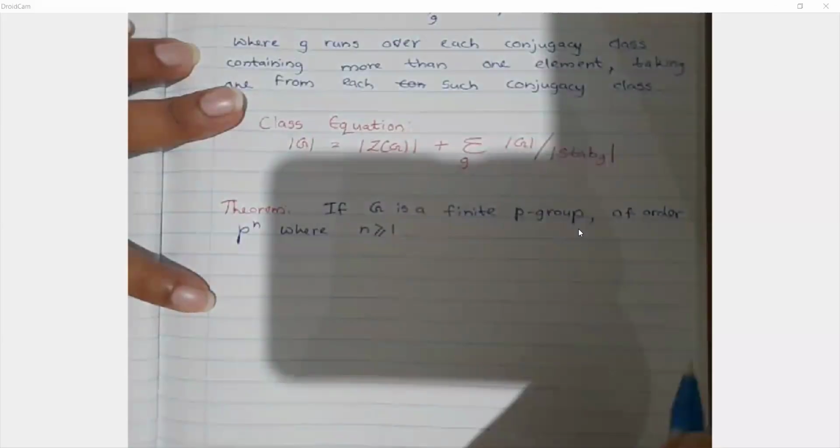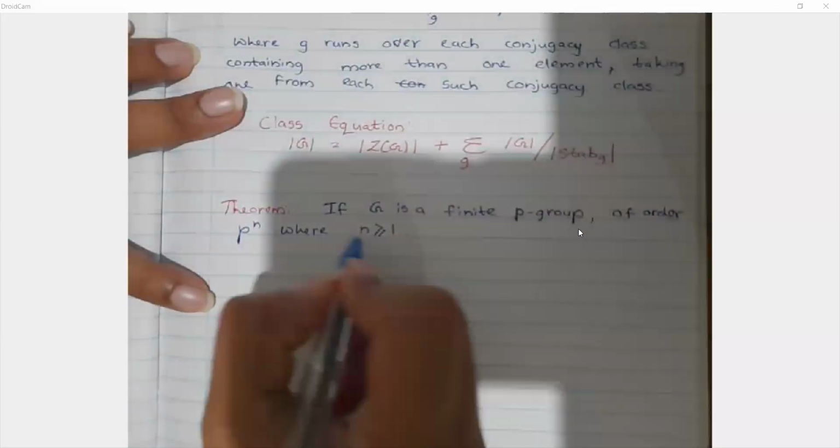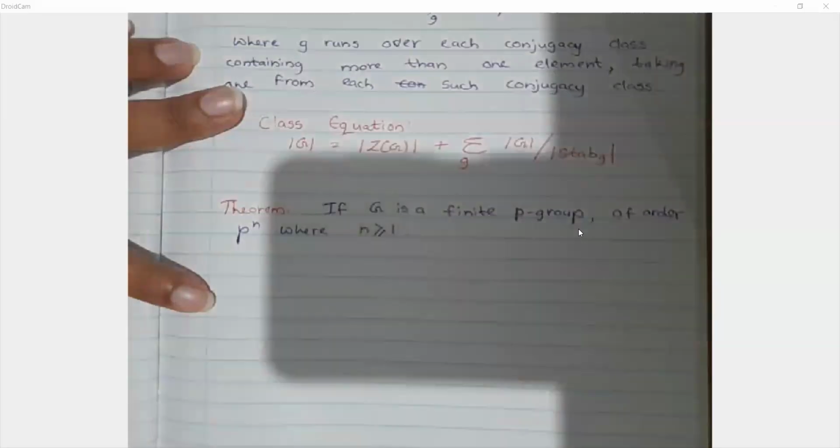This means that G is a non-trivial p-group, right? Because n is at least 1.